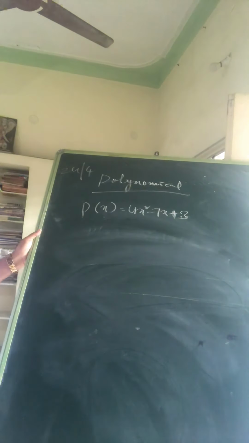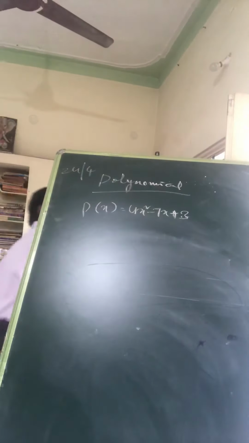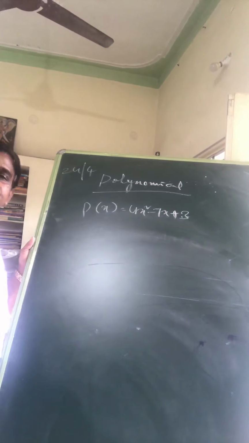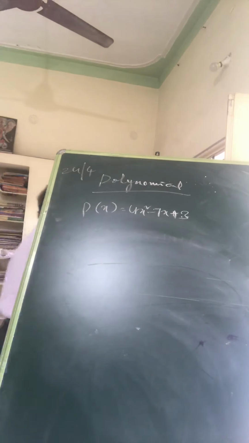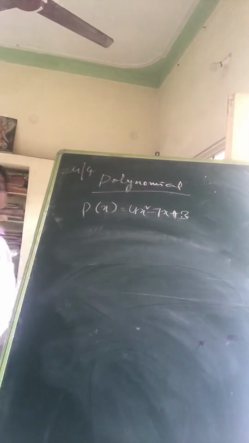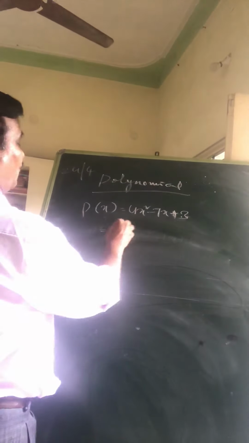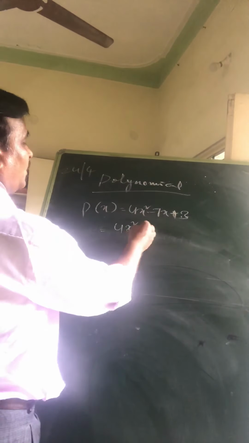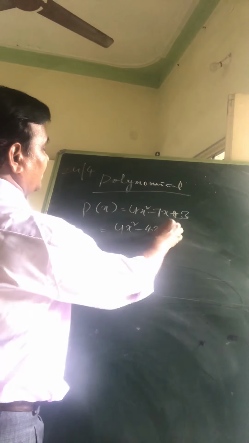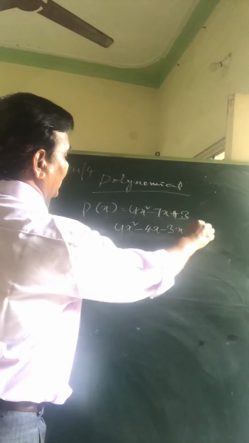This is a quadratic polynomial. How to find the zeros for this? We have to factorize 4x square minus 4x minus 3x plus 3.